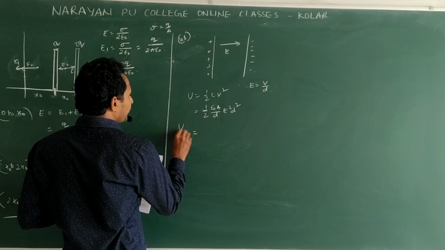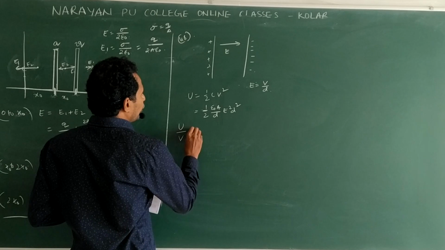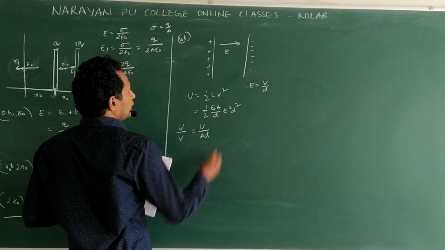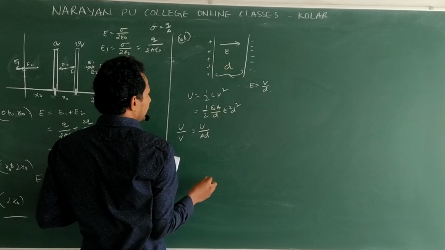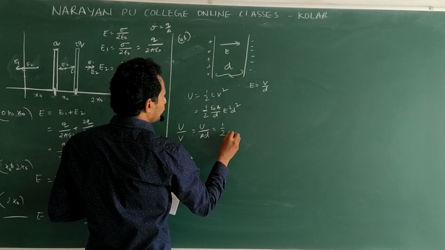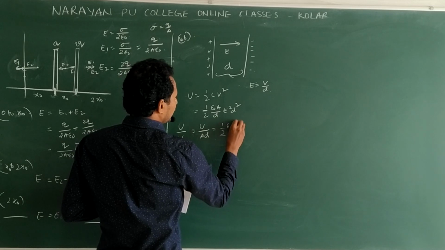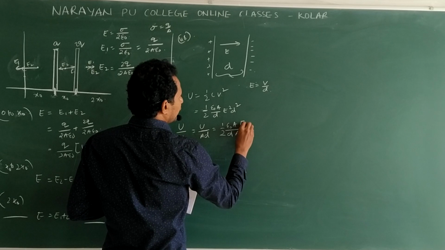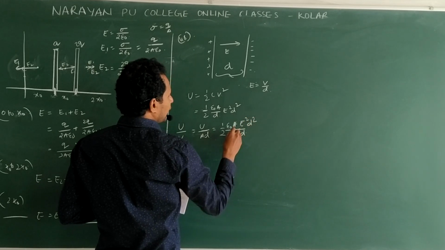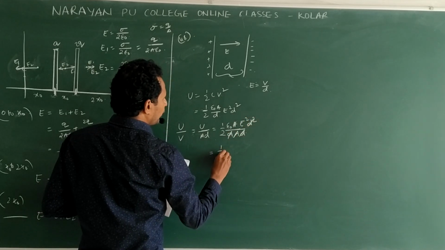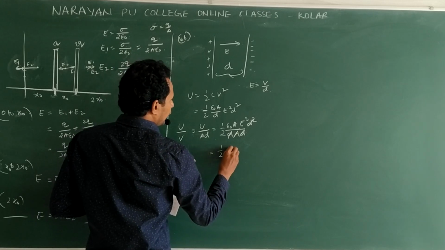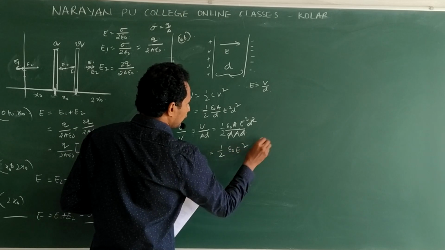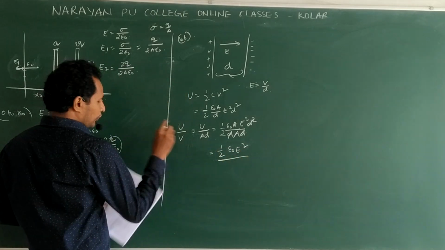Now if you take the energy per volume, the volume is area into distance, the separation between the plates D. So 1 by 2 epsilon naught A D times E square D square. A cancels, D square cancels. So 1 by 2 epsilon naught E square. So we got the first formula.